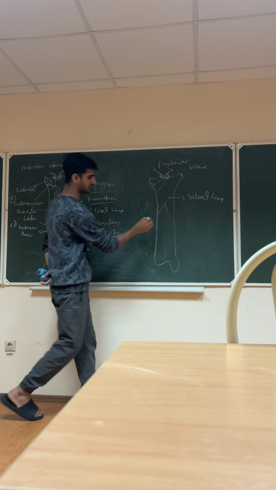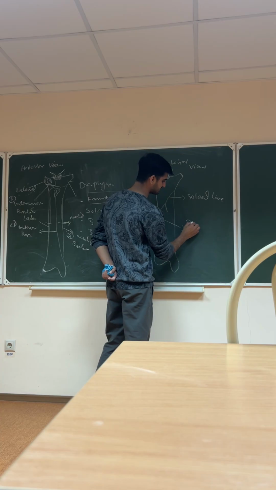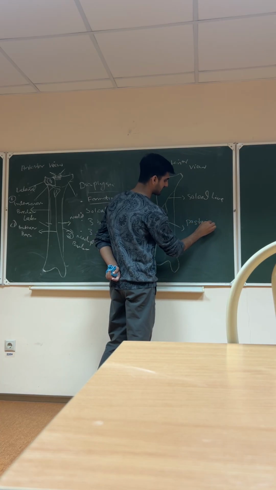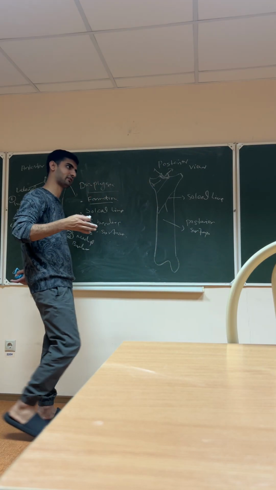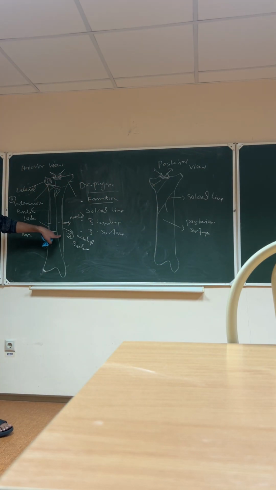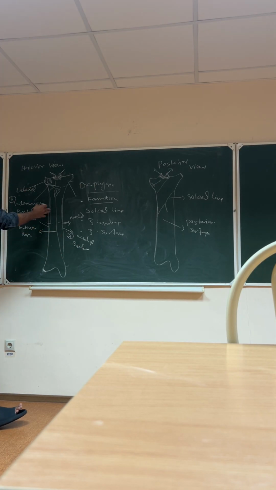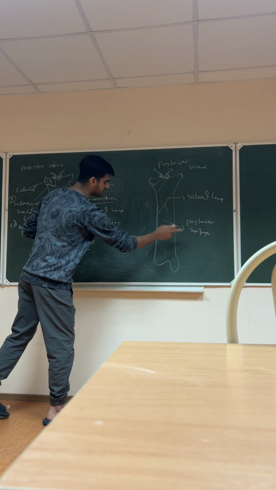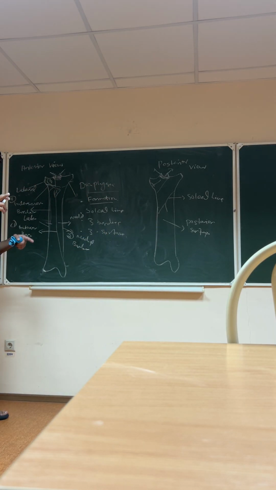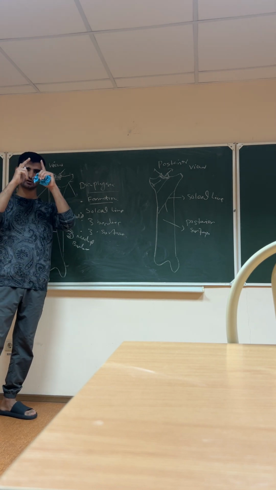And this is the posterior surface. Again, this is the medial surface, because the tibia is medial, and this is the lateral surface for the tibia bone, and this is the posterior surface. Don't confuse surface with border, because a surface is flat and a border is sharp.